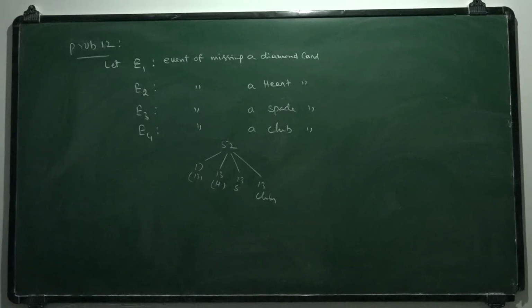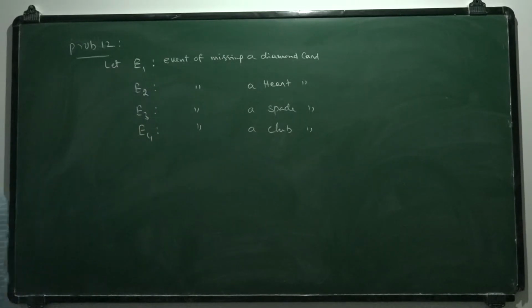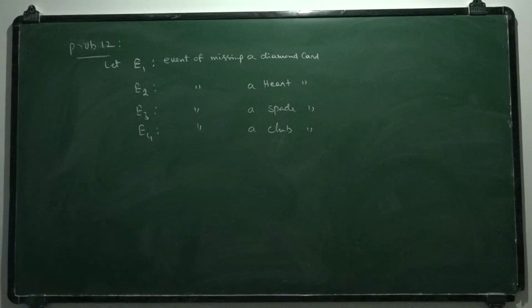From each suit, a card may be missing. Either E1 or E2 or E3 or E4 happened out of 52 cards.